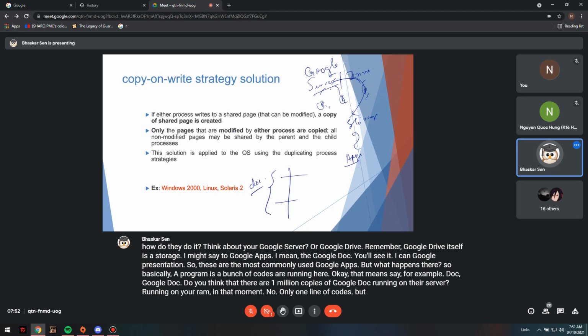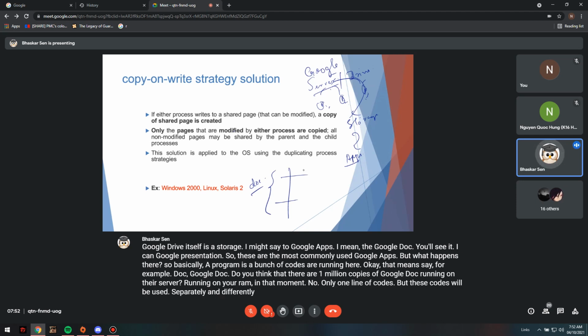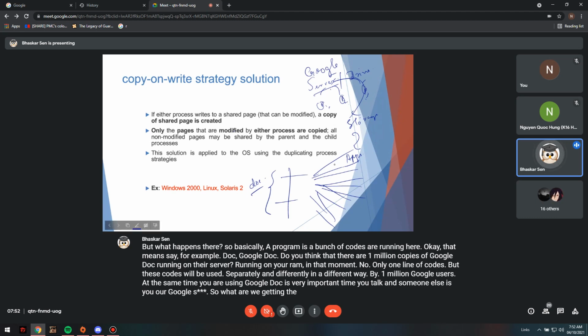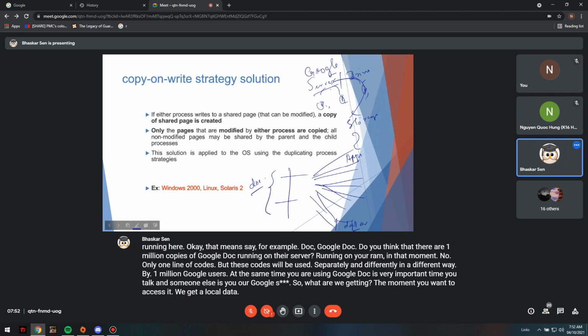But these codes will be used separately or differently by 1 million Google users at the same time. You are using Google Doc at this very moment, I'm using Google Doc, and someone else is using Google Doc or Google Sheet. So what are we getting? The moment you want to access it, we get a local database.